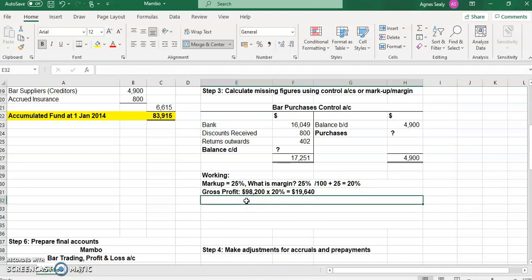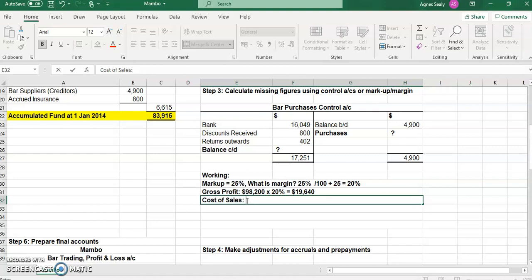So now we know our gross profit is $19,640. Since we know gross profit and since we know sales, we can work out our cost of sales, our cost of goods sold. And let me tell you how we are coming up with these things. Your sales minus your cost of goods sold gives you gross profit.